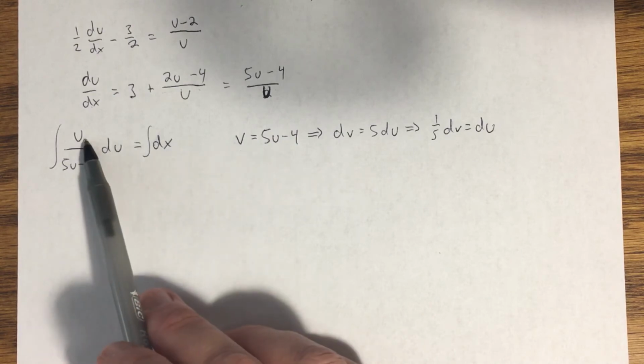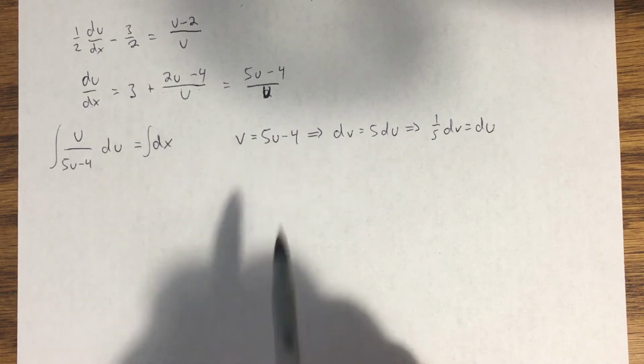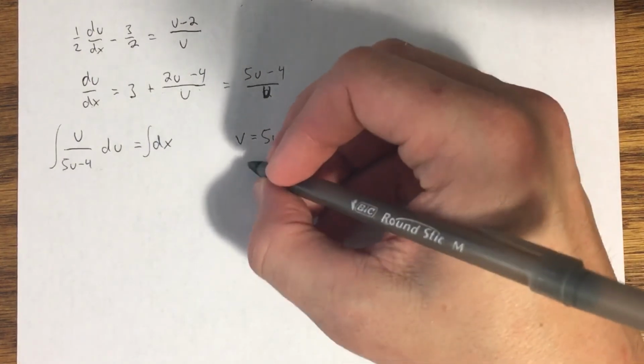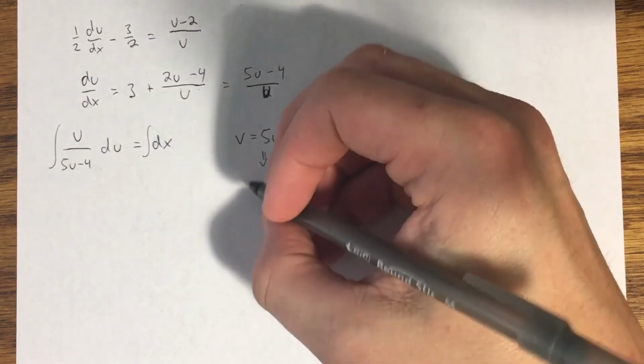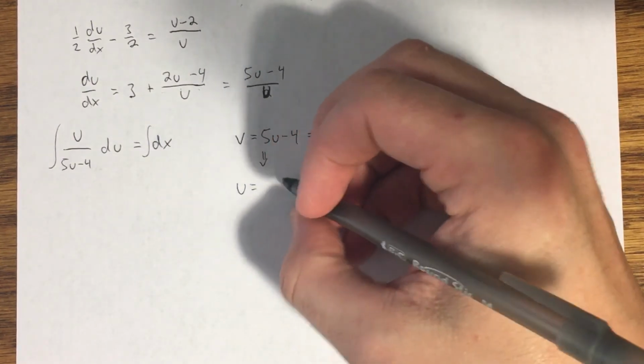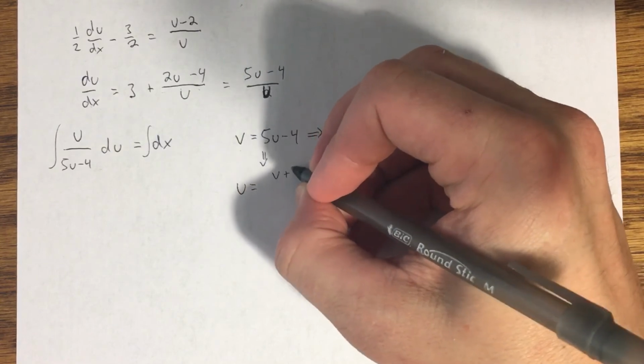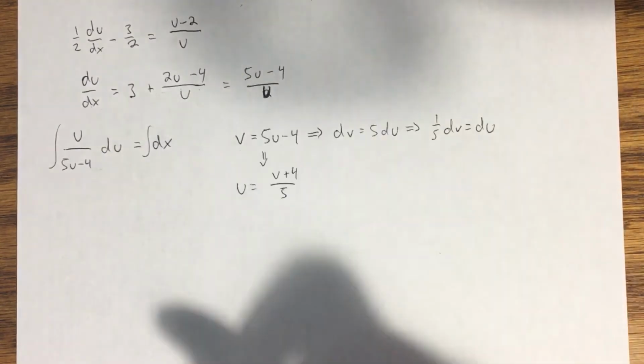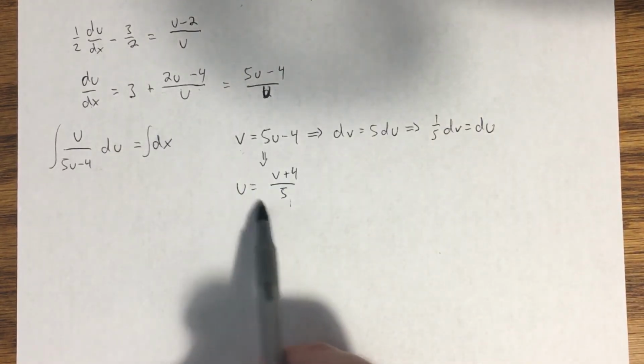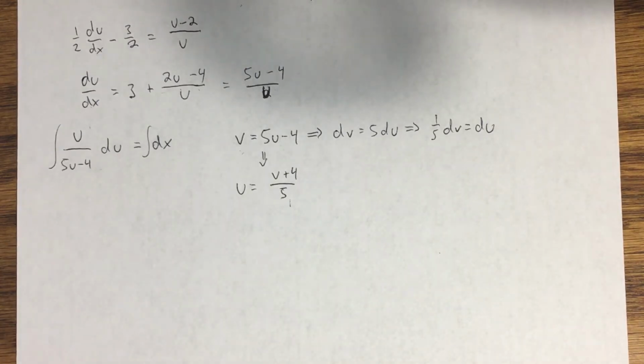What do I do with my numerator, though? Well, I'd like to solve this thing here. So solving this for u is going to equal v plus 4 over 5. So that is going to be substituted in for the u up there.